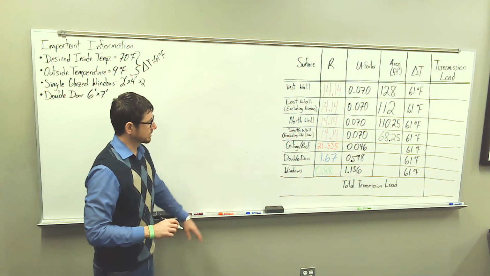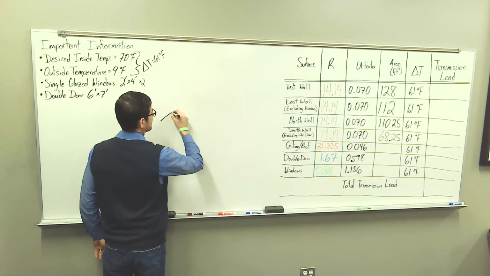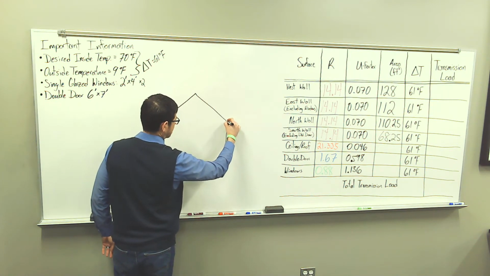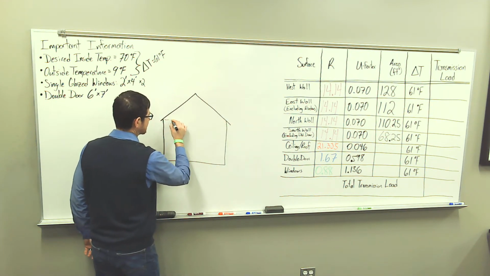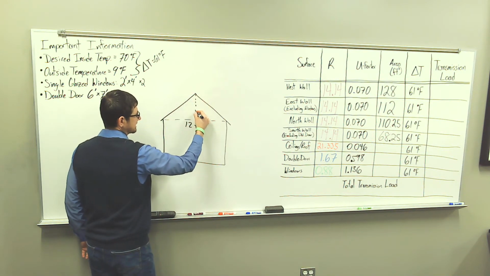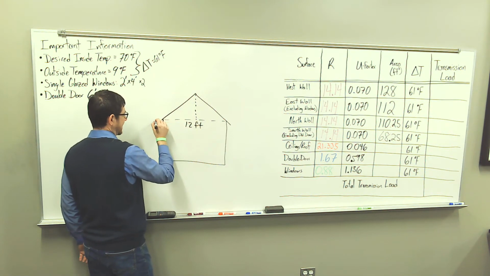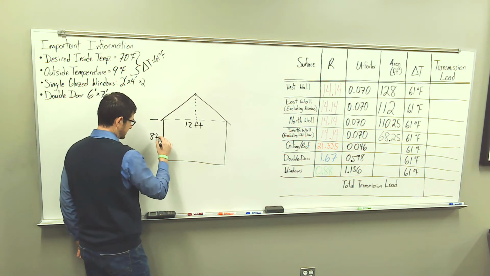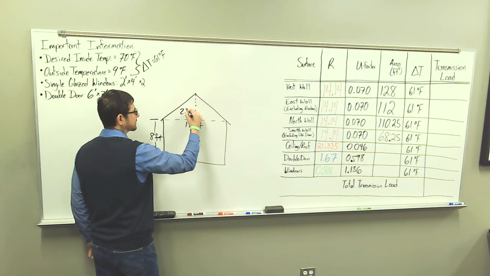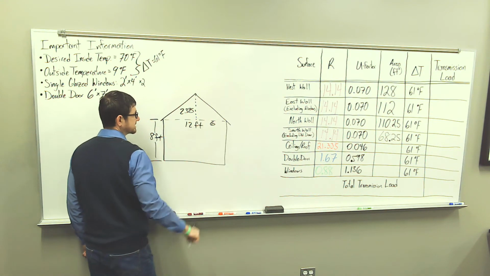Next, we need to take a look at the ceiling and the roof. So, okay, we know this dimension here is 12 feet, and we calculated the height here from this 8 foot. We have 2.375 feet. We know half of that here is 6.